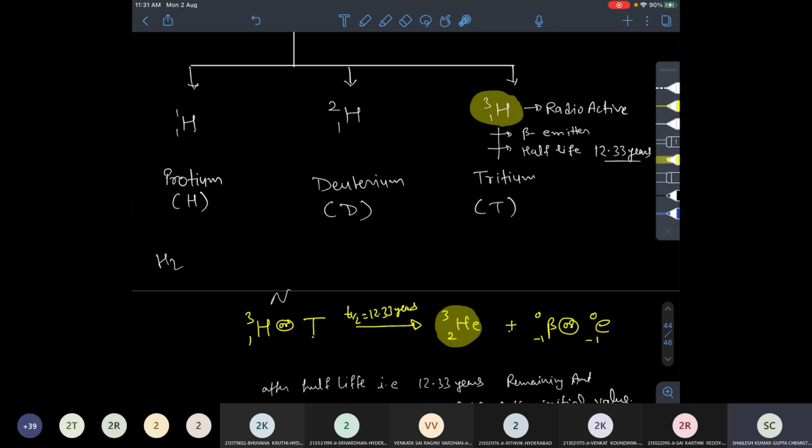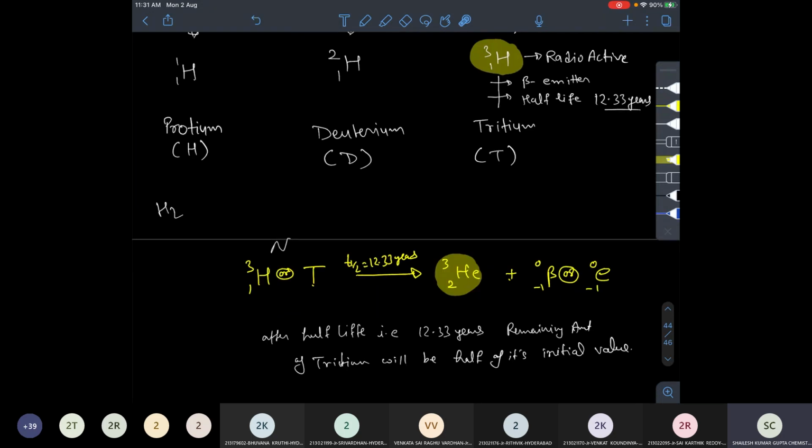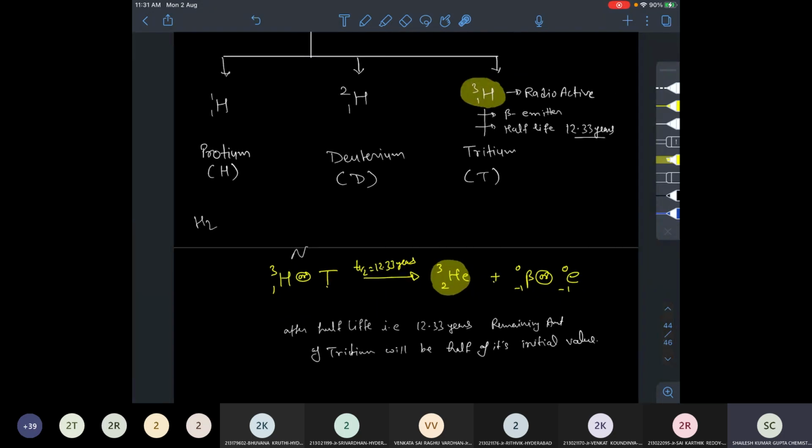This is greater than 99.9, this is less than 0.1%, and this one is almost negligible, around 10 to the power 12 or 16%. I'm not very sure with this data, but of the order of this. So I'm leaving the relative abundance to you, you have to fill this up.